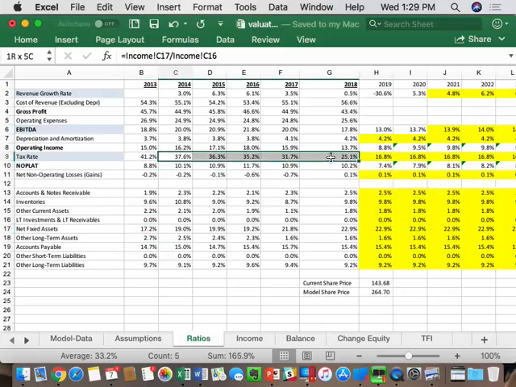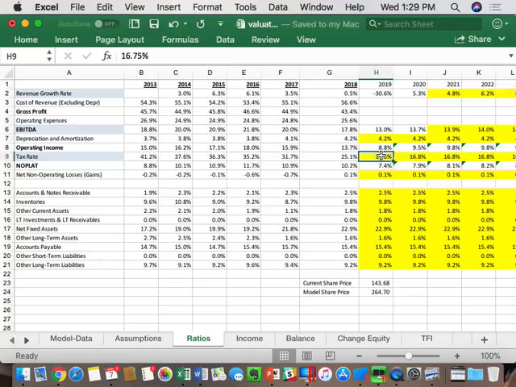It's probably going to be higher because they do more sales in the U.S. So long story short, when we figure out what their tax rate is, if we don't change it, we have the PVH tax rate, that's going to be a problem. So one of the things I like to do is just equal the previous year. Same thing with EBITDA. Equal the previous year.